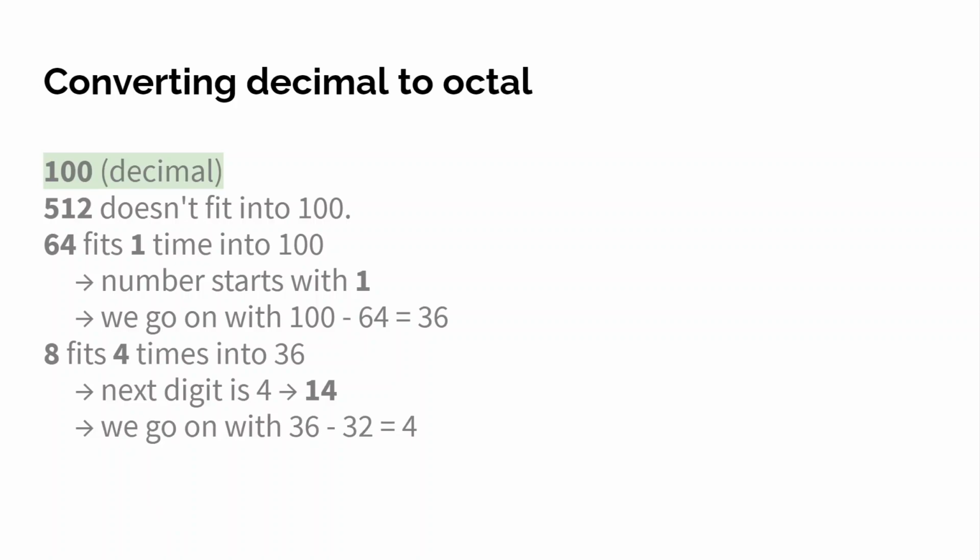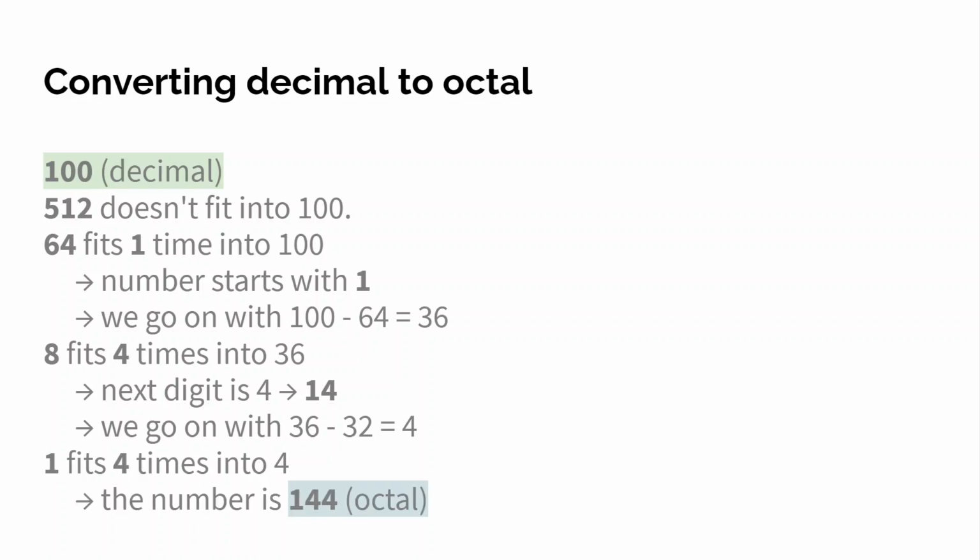We go on with 36 minus 32 because we used 4 times 8, so 32, and we are left with 4. 1 fits 4 times into 4 because it's 4. And with that we know that the number is 144 in octal. And this is, if you remember it, the same we had before. So 144 in octal is 100 in decimal.